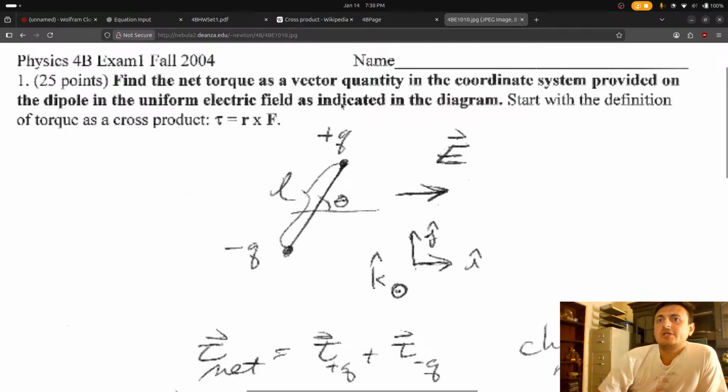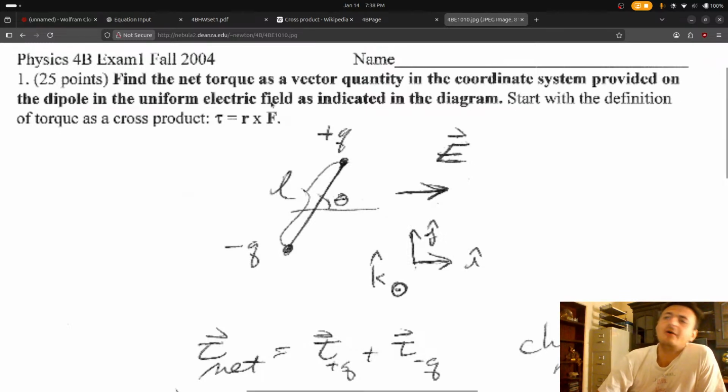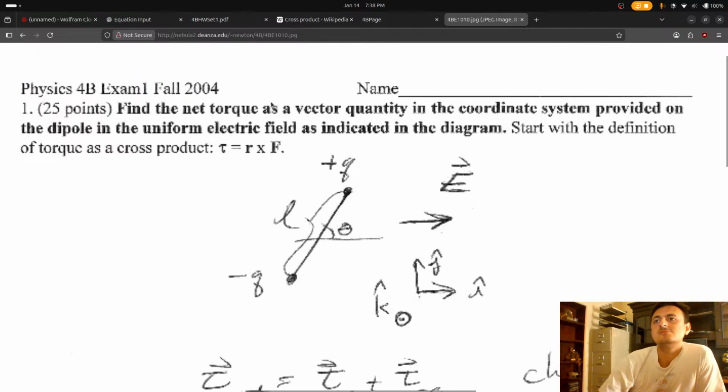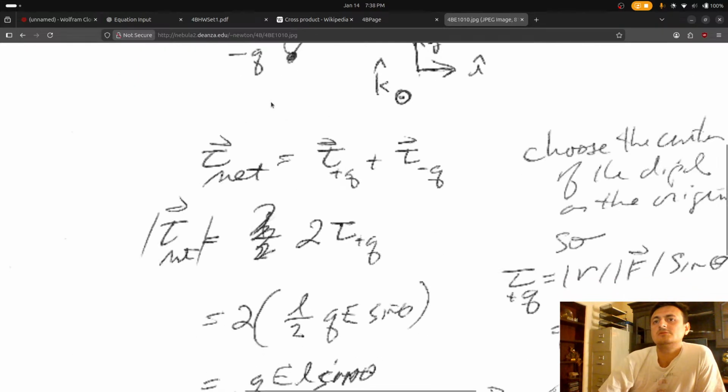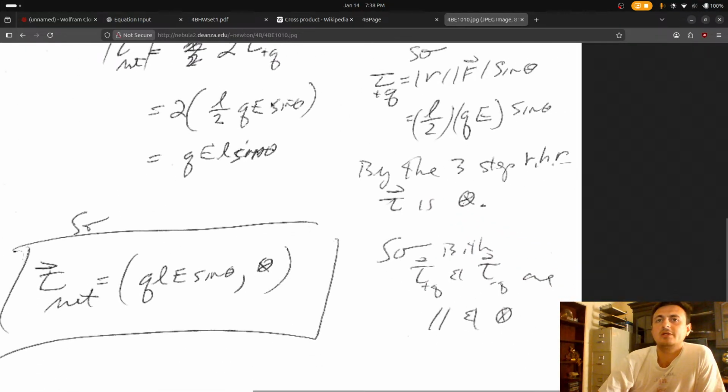Find the net torque as a vector quantity in the coordinate system provided on the dipole in the uniform electric field. Calculus somewhere, right?